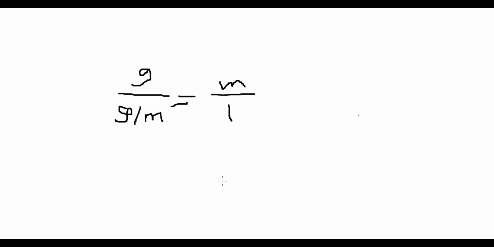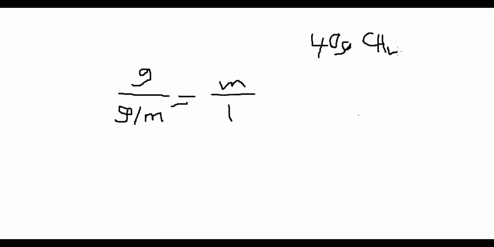Now I'm going to show you how to convert moles to grams or grams to moles. And how to do that is to use this equation: grams over grams per mole equals moles over 1. Now, let's say you're given 40 grams of CH4.